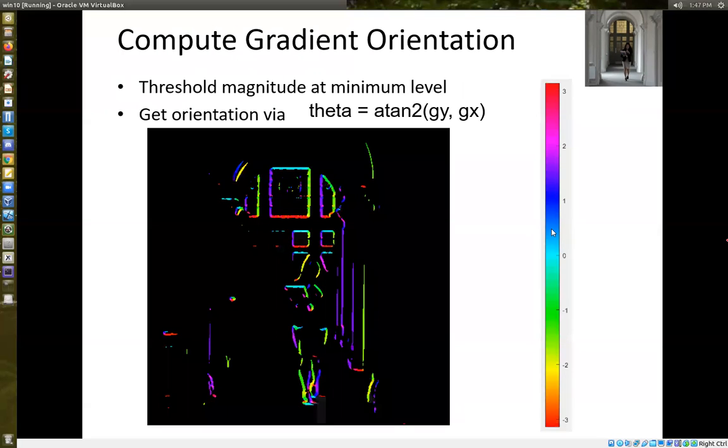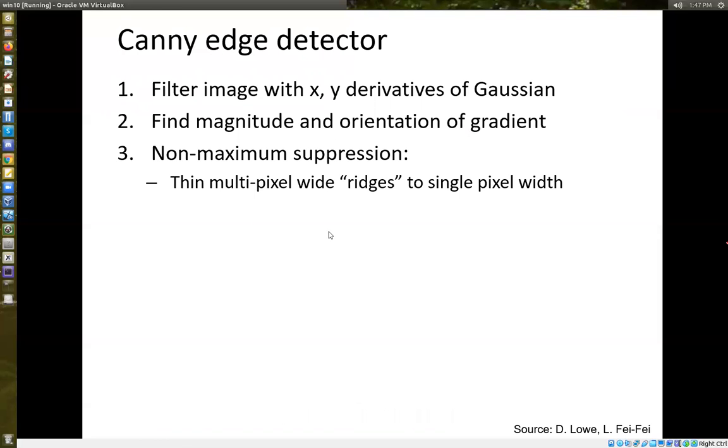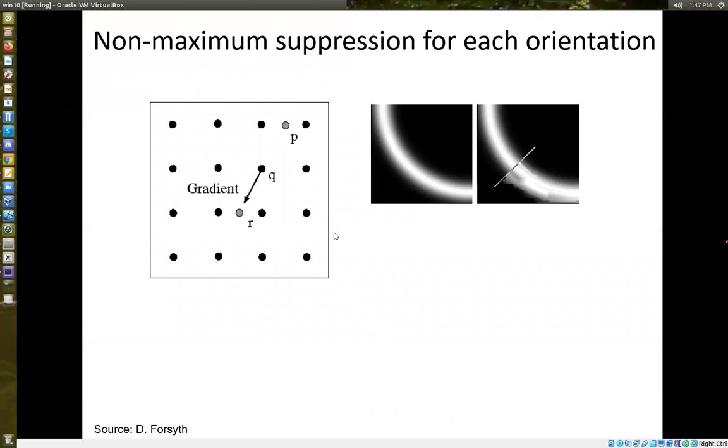Afterward, we don't want the edges to be too fake, so we want to remove some of this fake response. What we do here is non-maximum suppression. If you think of the edge here, we want only the maximum response to be taken, and the rest will not be considered an edge.